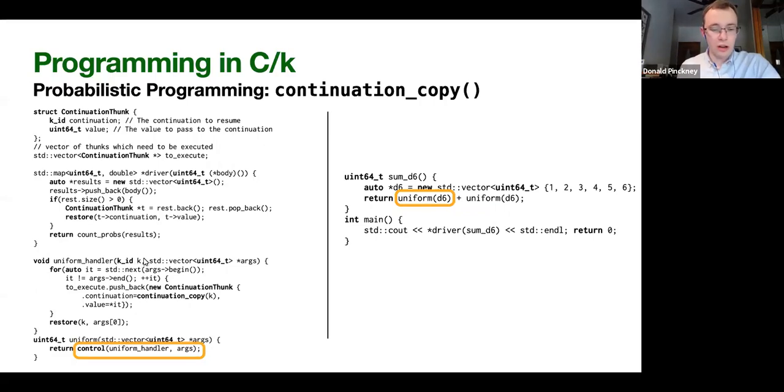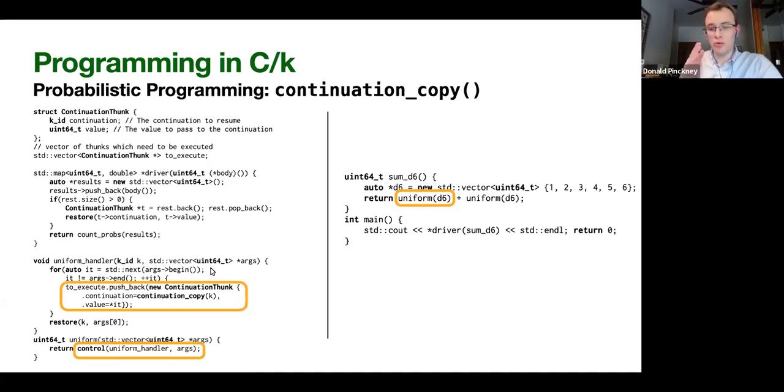Uniform handler has received in its argument k the captured continuation, which in this case will be: after you get the return value here, it will add and then call uniform again. Right, this is the continuation. So it will take this continuation k. It's going to loop through the arguments except for the first one.